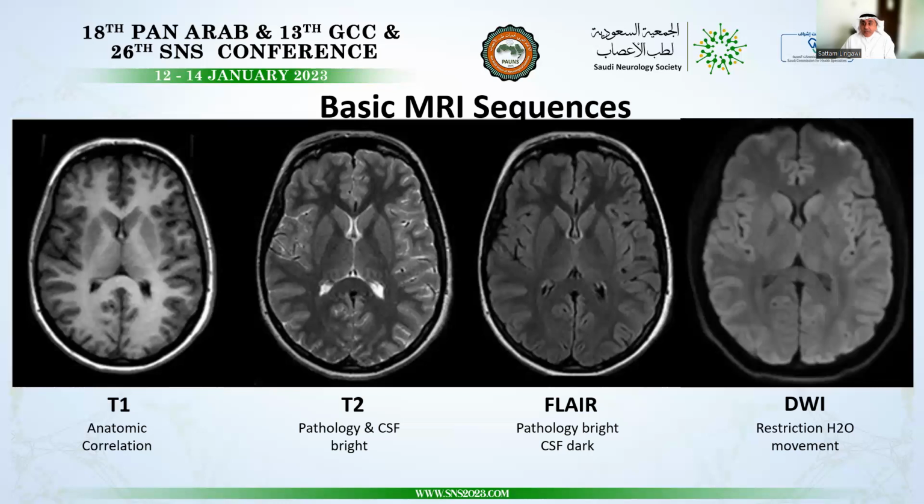Originally, it was aimed to be a sequence that detects early onset ischemia. However, later on, we also identified that such feature of restricted diffusion is also seen in other acute processes, such as active inflammatory processes, infectious processes, and even in some of the neoplasias.